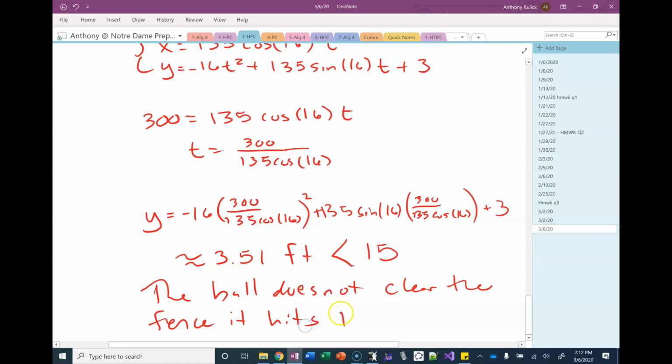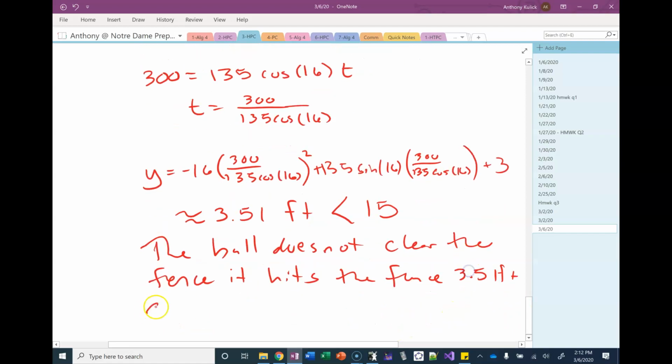It hits the fence 3.51 feet above the ground. Everybody okay with that idea?